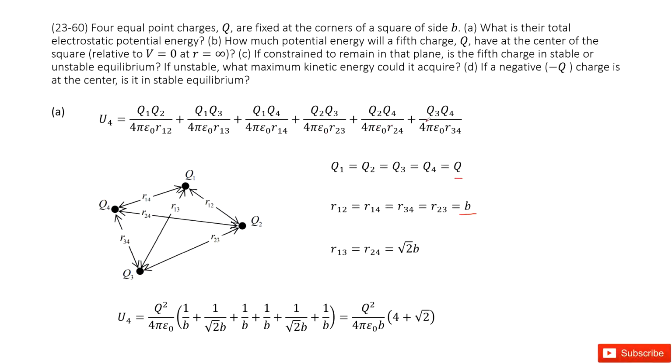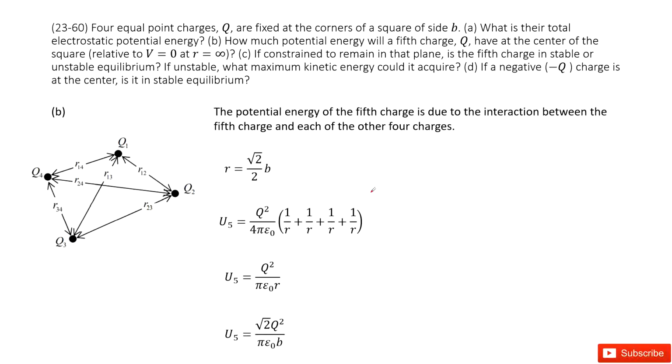The distance between Q1 and Q3, and also Q2 and Q4, is square root 2 b, because this is a triangle with side b, so the third side of the triangle is square root 2 b. Agree? Now you input Q1, Q2, Q3, Q4 and the distances R14, R34, R23, R13, R24 inside. You get a function like this, and simplified, you get the answer there.